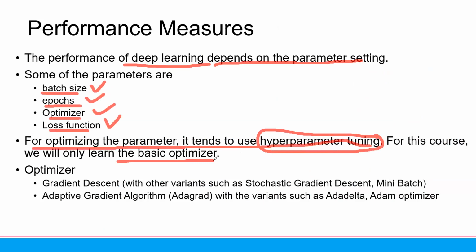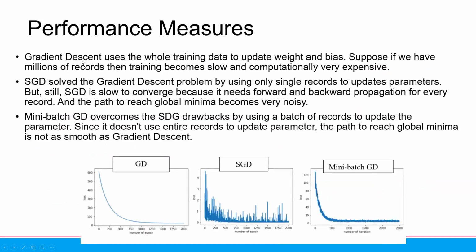The basic optimizer is the gradient descent. And there are other variants, we call it stochastic gradient descent, mini batch. Other kinds of optimizers are the adaptive gradient algorithm, AdaDelta, Adam optimizer, and so on. So let's see just the gradient descent.